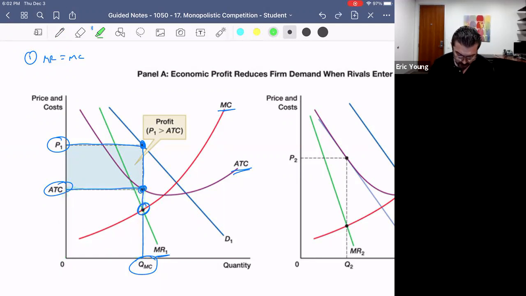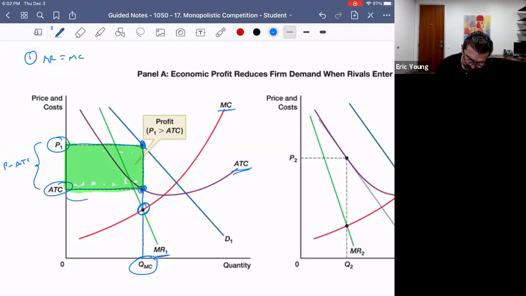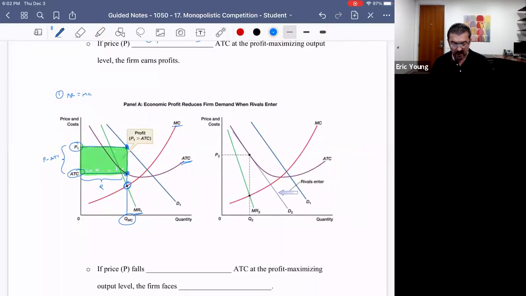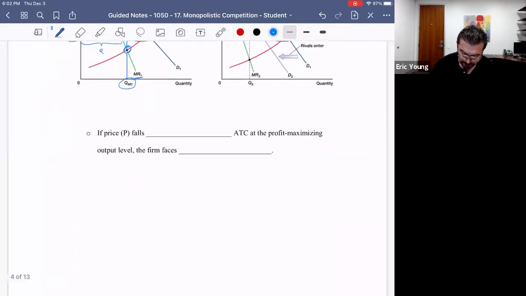And therefore, as you know, the leftover box, which would be right here, would be total revenue minus total cost, which is profit, which we also know as this distance here, which is P minus ATC, multiplied by this distance here, which is Q, and that's our profit formula, okay? So 3 steps, and we have our first case right here, profit. Profit in the short run, but profit because P is greater than ATC.